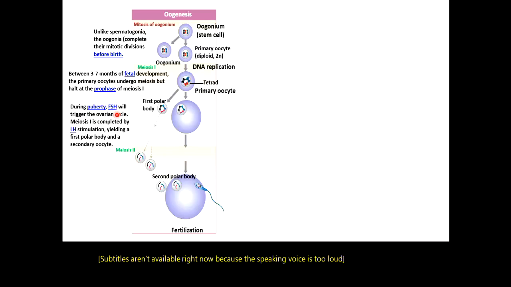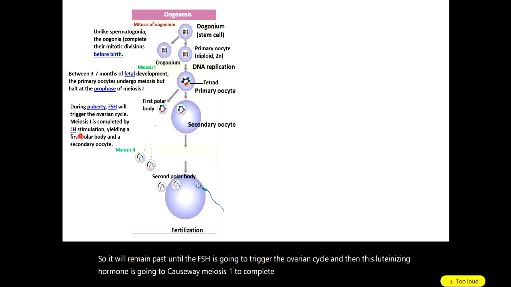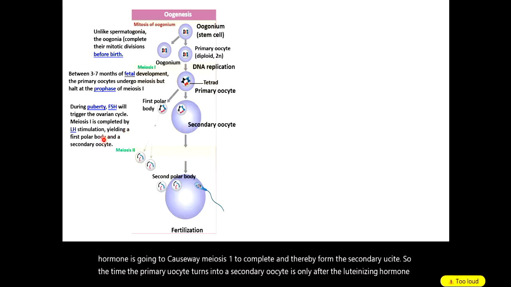So it will remain paused until FSH triggers the ovarian cycle, and then luteinizing hormone is going to cause meiosis 1 to complete and thereby form the secondary oocyte. So the primary oocyte turns into a secondary oocyte only after the luteinizing hormone comes into play.